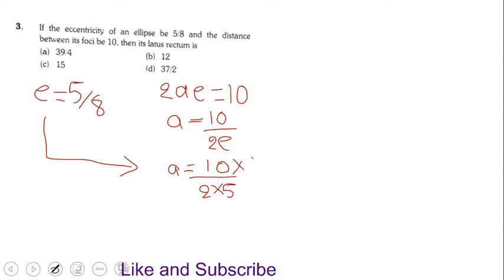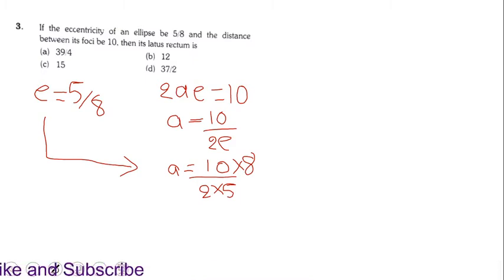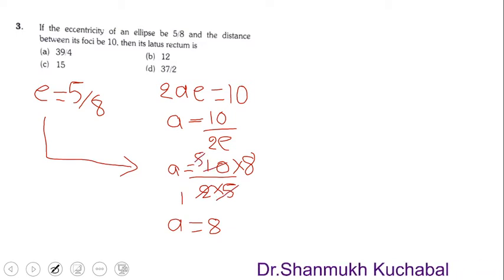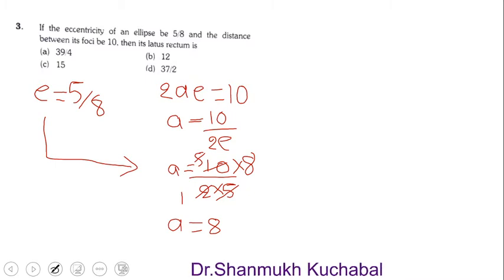The 8 we can transpose to the numerator. So further we will simplify. Simplification of this, we get A as 8. Very simple: 2 1s are 2, 5 2s are 10, and 5 cancels. So we get A value as 8.